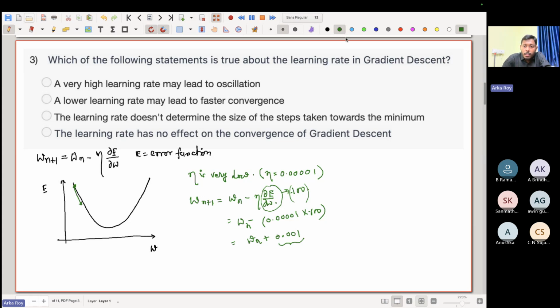If this was the nth iteration, in the n plus 1th iteration it would reach, let's say, over here, just this much of increment.